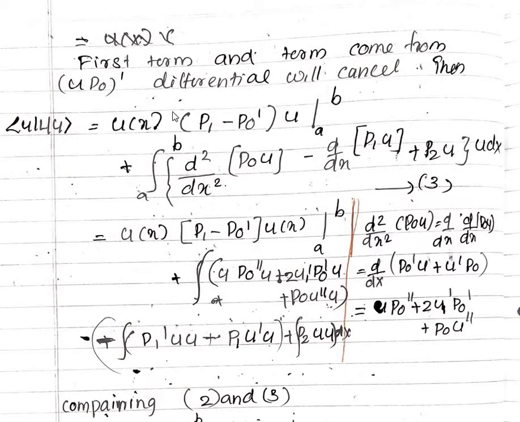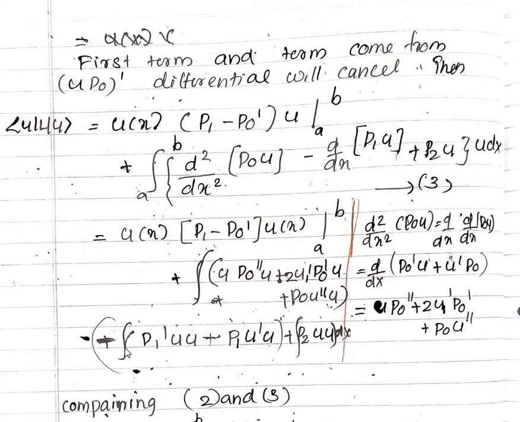So this will become u Lu is equal to u of x p1 minus p0 dash u of x between the limit a and b, integral u into p0 double dash u plus 2 u dash p0 dash u plus p0 u double dash u plus the last term, that is minus p0 dash u minus, here there is a minus sign.